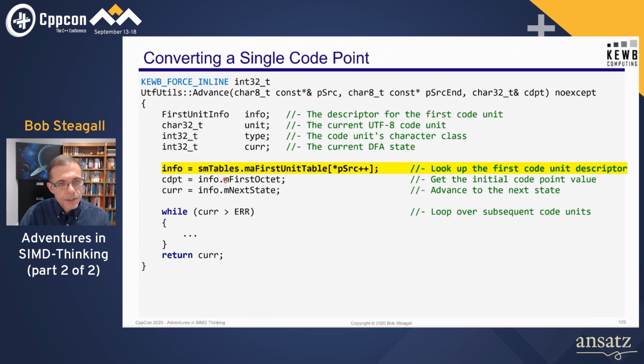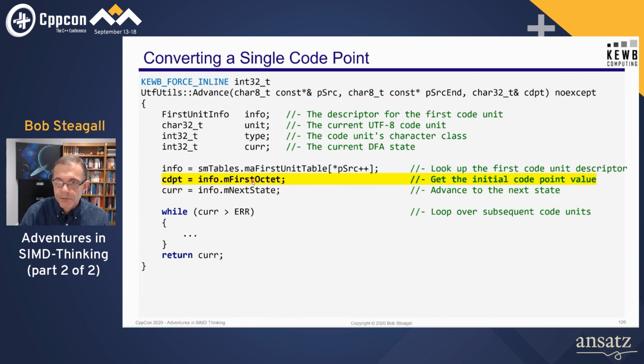We're calling advance, which means this is the beginning of an octet sequence. Without showing you the rest of the implementation, I'll ask you to trust me that there is a table for the first octet for any sequence that tells you exactly what the code point is. You look into the table, and it returns a value that has two elements in it.